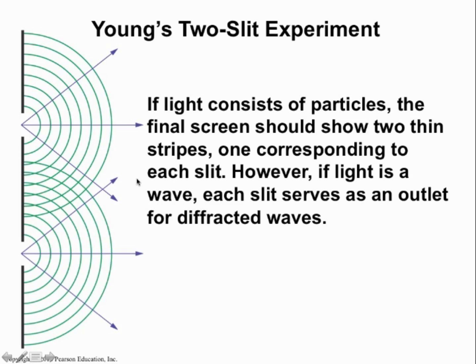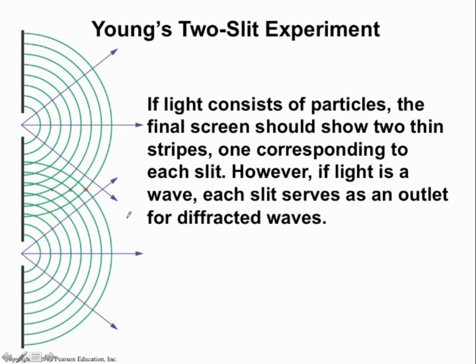Now notice what this will cause. If light's a wave, you're going to get constructive interference where crest meets crest. I'm going to indicate that with a little dot here. This is crest meeting crest. This is crest meeting crest. This is crest meeting crest.